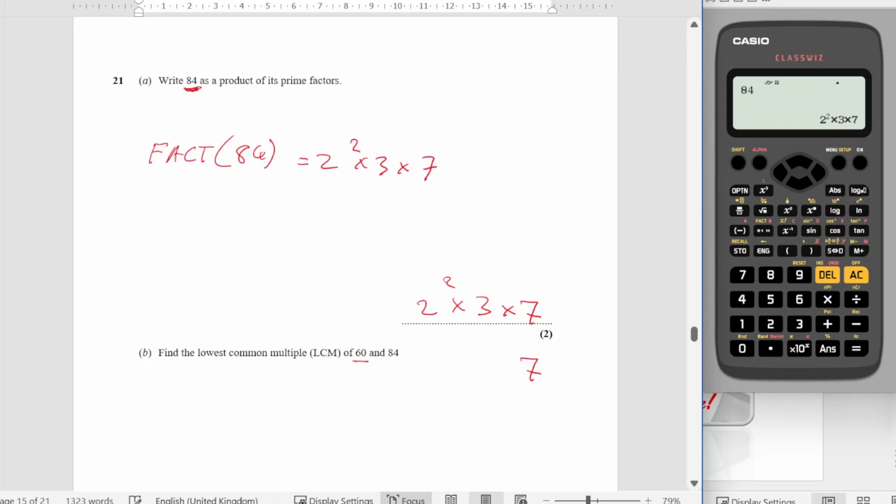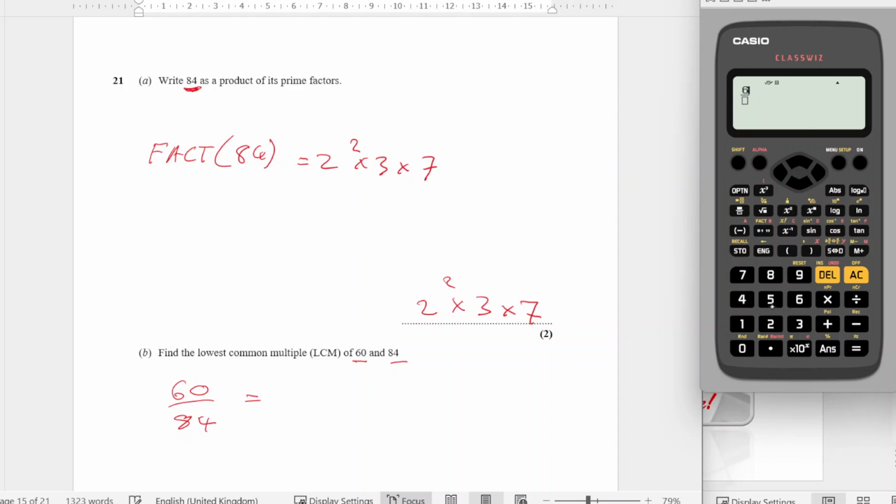Okay, find the lowest common multiple of 60 and 84. Again, I tend to use a hack on my calculator if it's a calculator paper. So I would say that that would cancel down to 60 over 84, so that's 5 over 7. That's automatically cancelled down by the highest common factor.